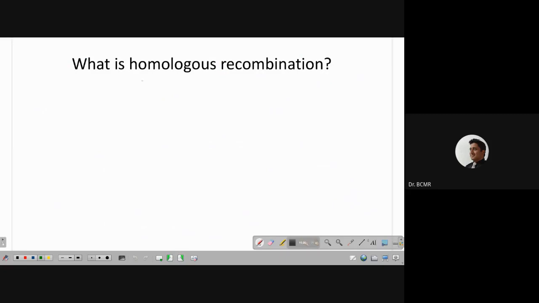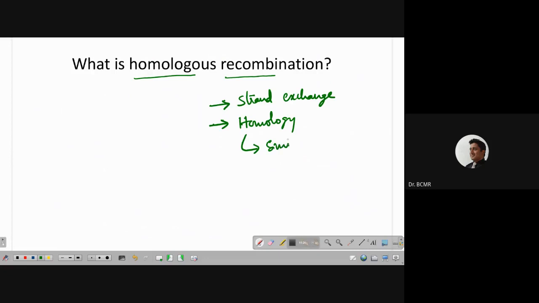So I have already described what is meant by homologous recombination. The requirements are, the event is strand exchange. Okay, it doesn't have to be complete strand exchange. Some exchange of strand will be there, and it is also dependent on homology. In this sense, homology means similarity, or I'll put it as sequence similarity. What is similarity?